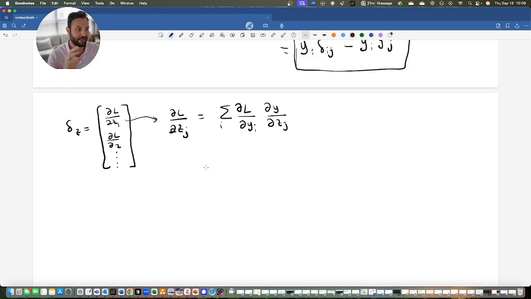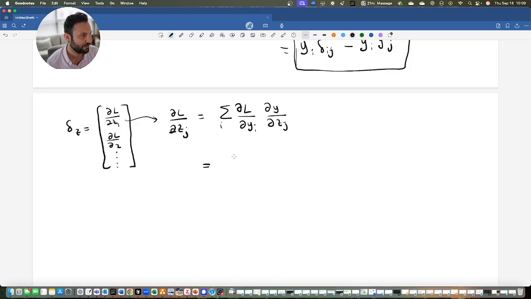So far, so good. So the error that propagates to all of the yi's will be functional to change the derivative that goes to the zj, right? So let's go ahead and write it in terms.